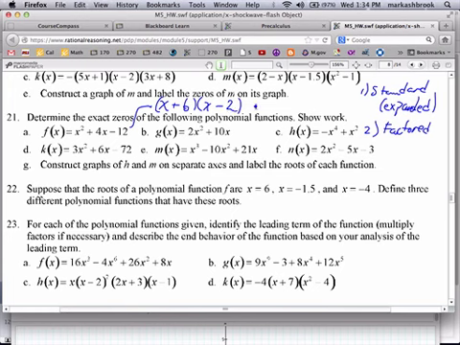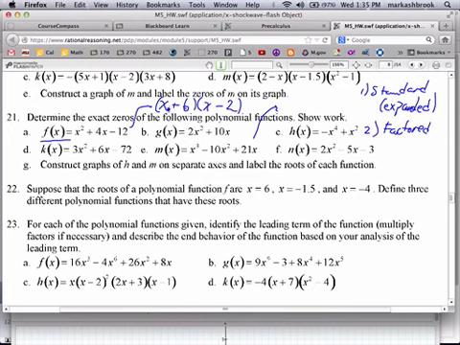Does that do it? Okay. So exact zeros. What are the exact zeros for f? Negative 6 and 2.